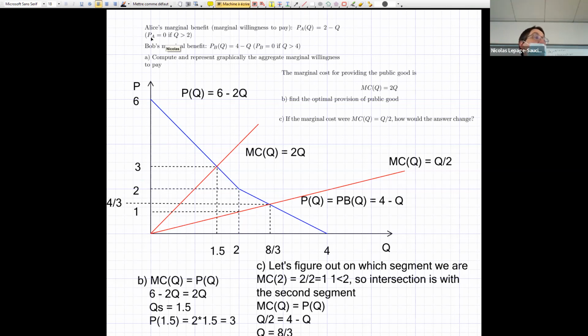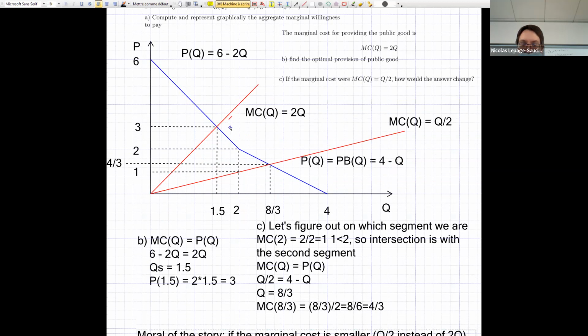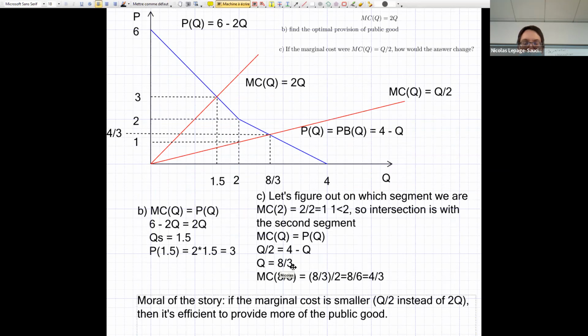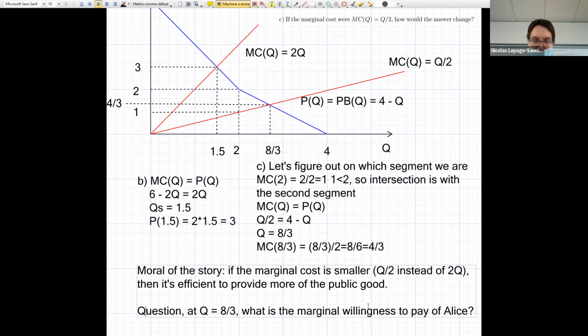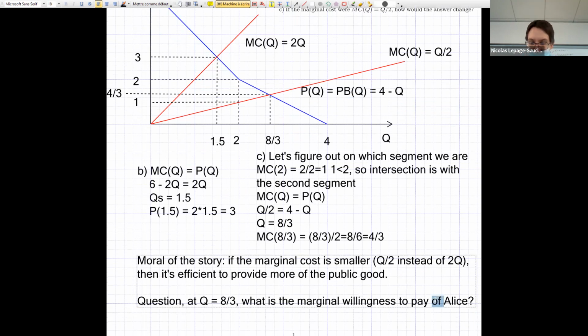So yeah, it's 0, if q is larger than 2. 8 divided by 4 would be exactly 2, so 8 divided by 3 is larger than 2, so it is greater than 2.